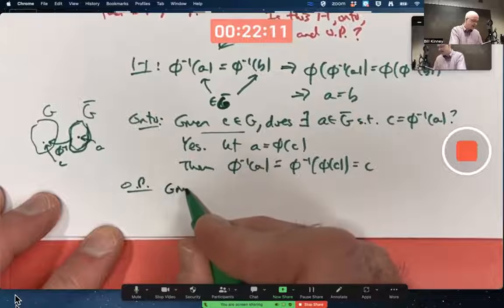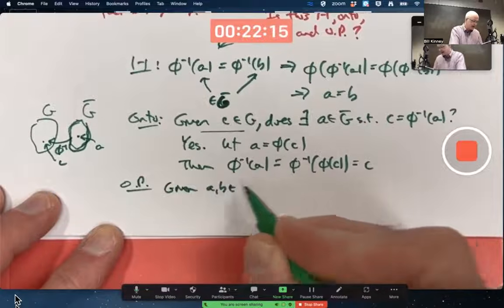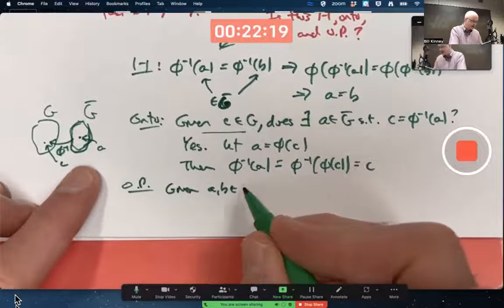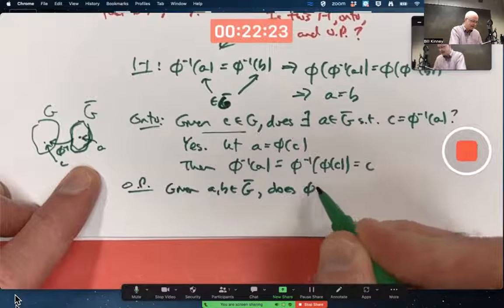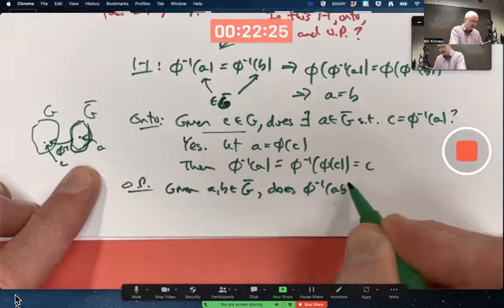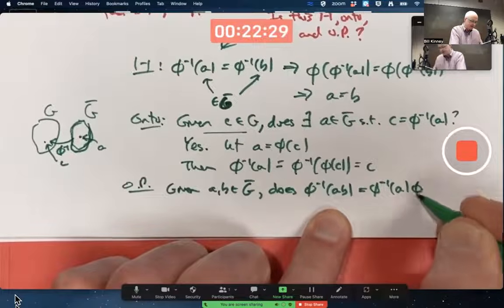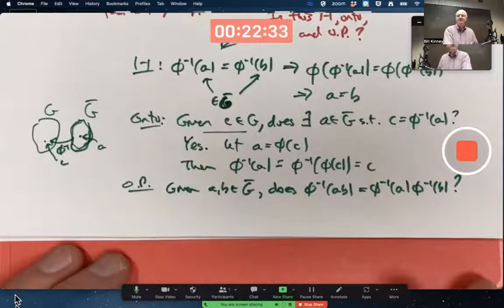Given A and B in G bar, I'm talking about the inverse here, does phi inverse of AB equal phi inverse of A times phi inverse of B? That's what I'm hoping is true, phrasing it as a question.